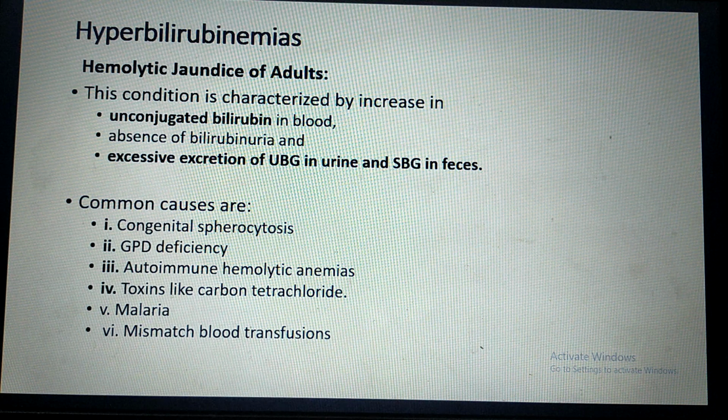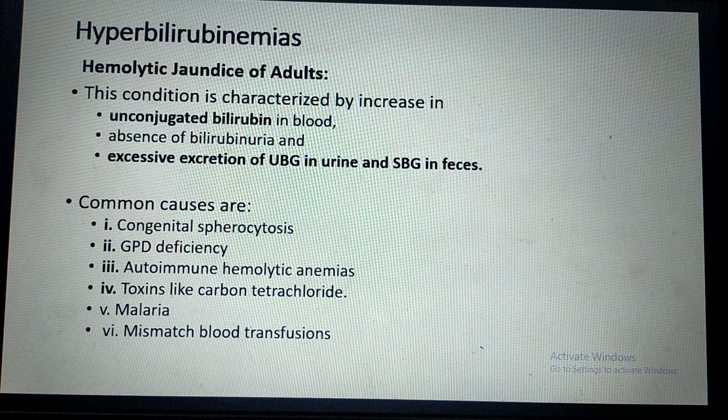Normally the shape of RBC is biconcave, but when this shape changes and it becomes spherical, such RBCs, when they try to travel through the blood capillaries, get damaged and hemolysis occurs. Second cause is glucose 6-phosphate dehydrogenase deficiency.